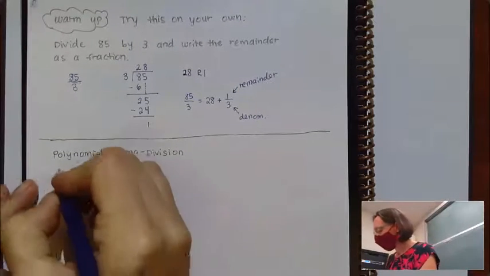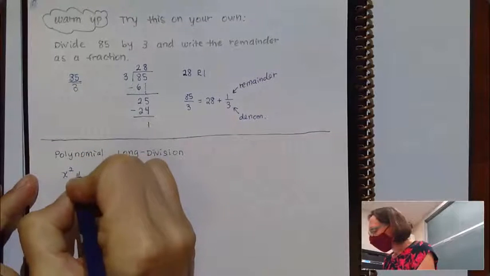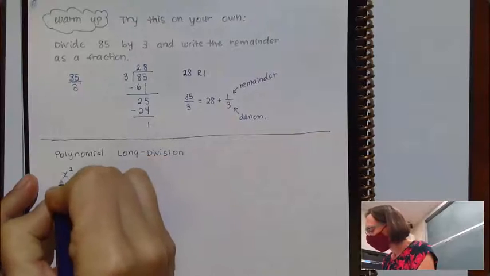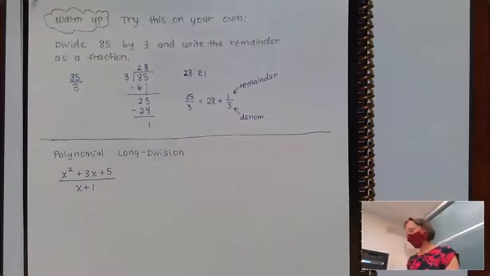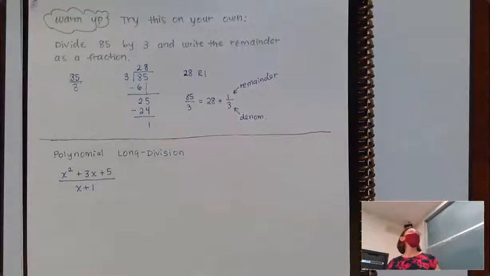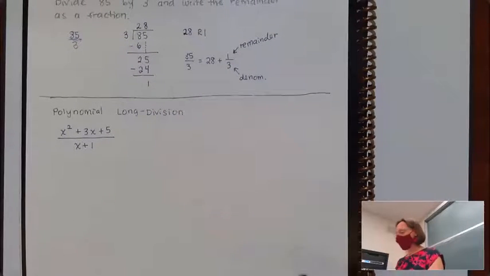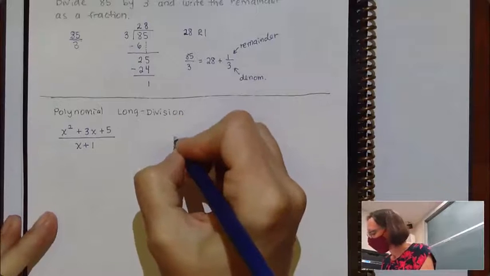So my first example here, I'm going to have x squared plus 3x plus 5, and I'm going to divide this by x plus 1. In terms of our setup for the algorithm, whatever's in my numerator, that's what should go inside of my division bar.